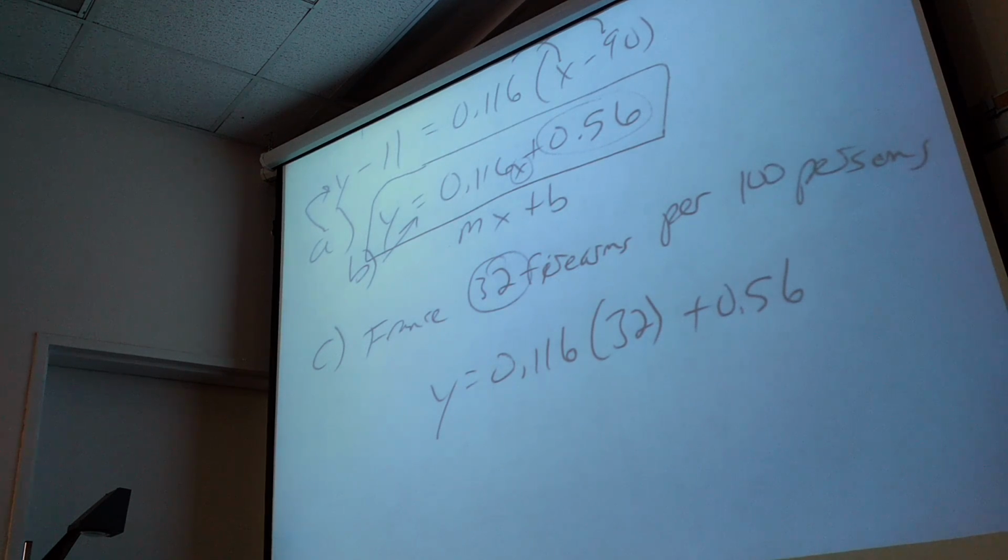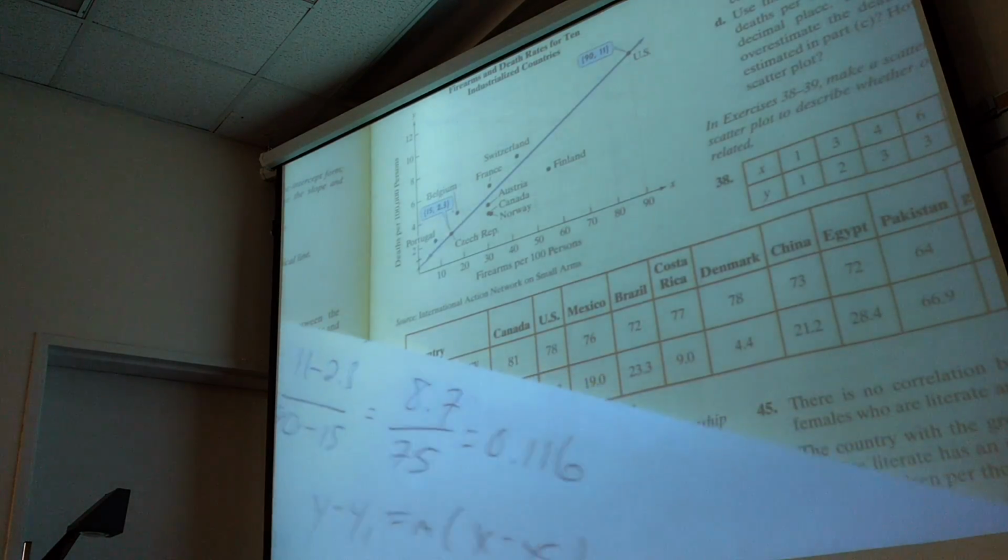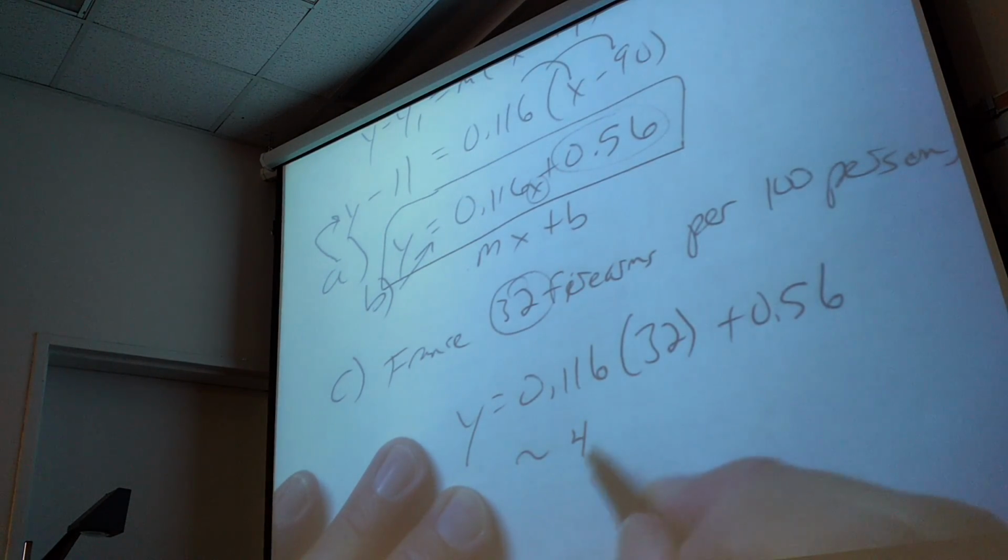You can just estimate values. So whatever you guys get from that, let's see. Right, you just plug that in your calculator. Let's see. They say it should be about 4.3.